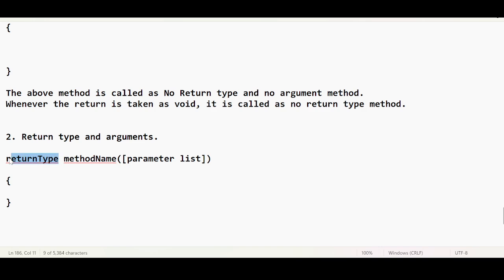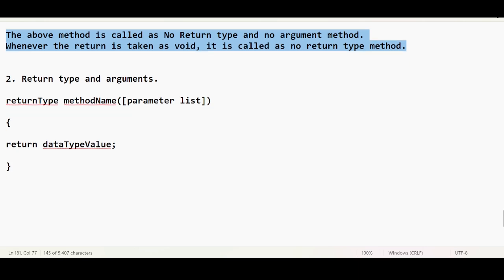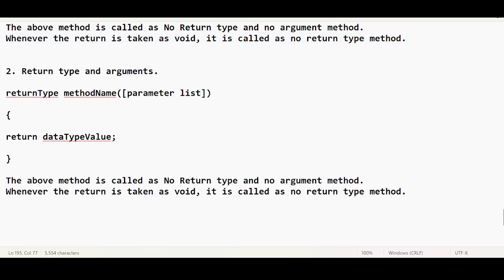and the return type should be something other than void. And if it is something other than void, you should always return the exact data type value, right? I can say that the above method is called the return type and arguments method because it is going to accept some arguments.